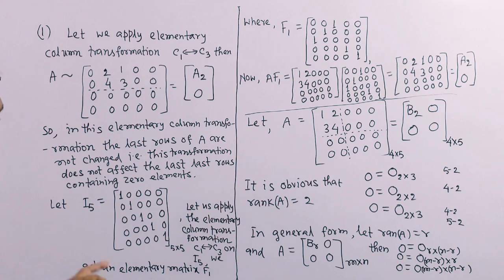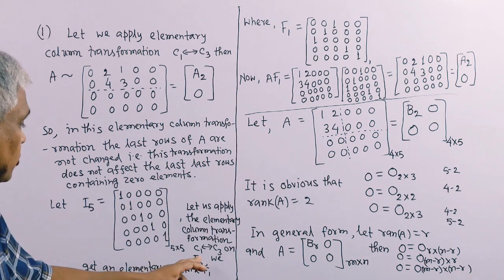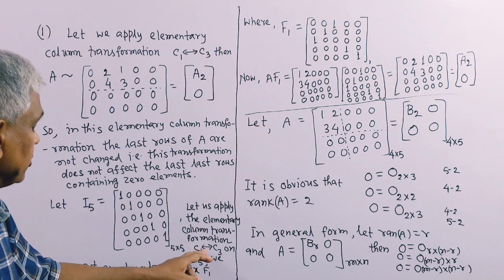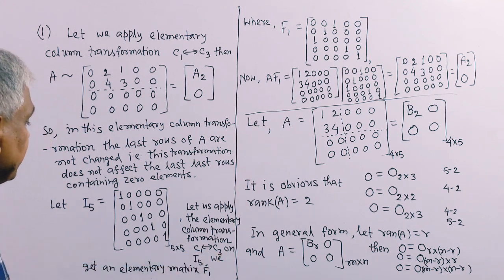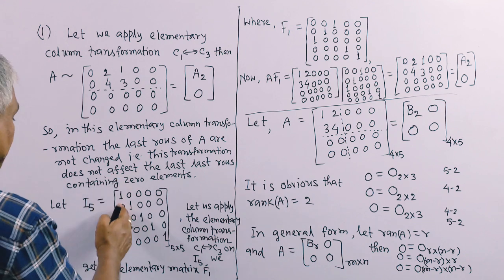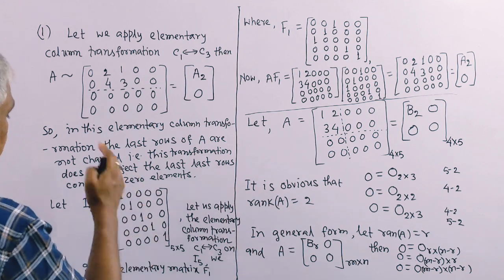Let I5 be the unit matrix of order 5. Let us apply the elementary column transformation on I5. C1 interchange C3 means interchange of column 1 and column 3.